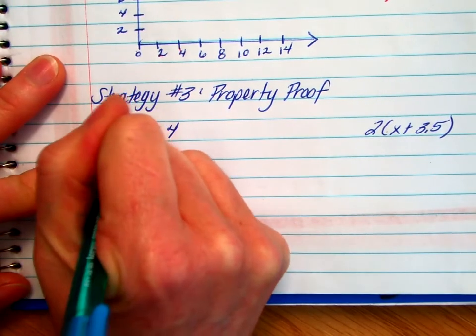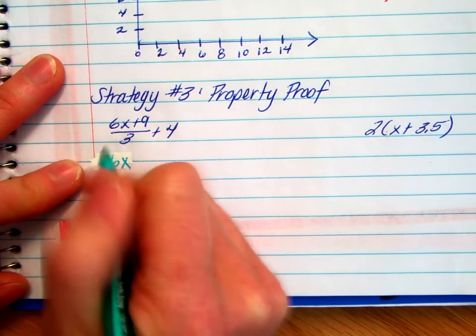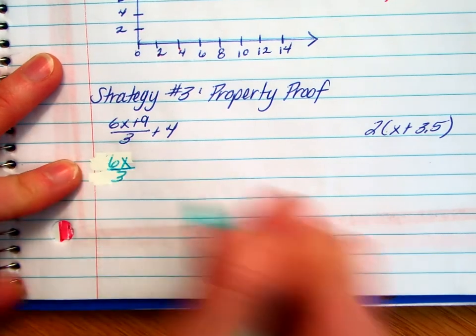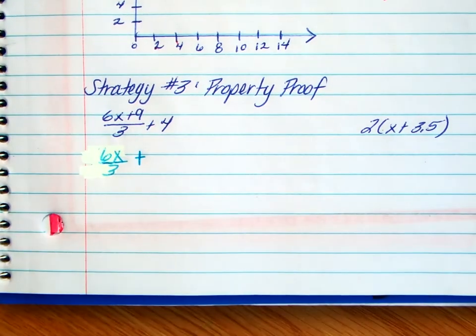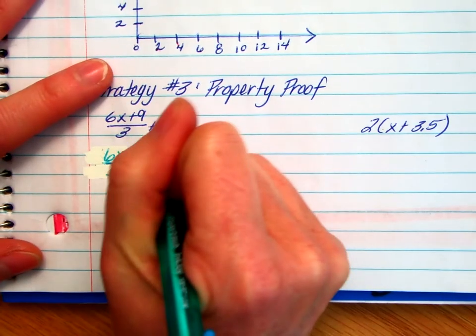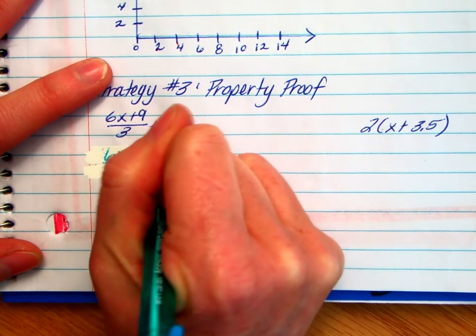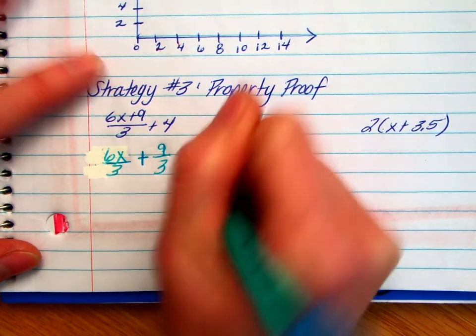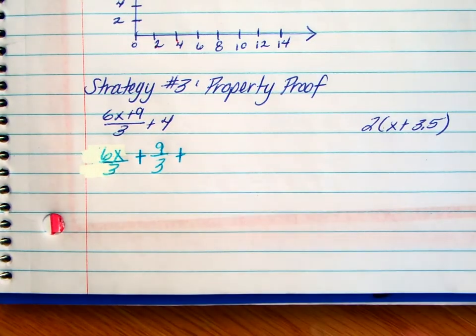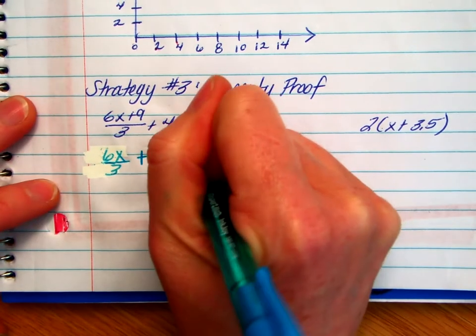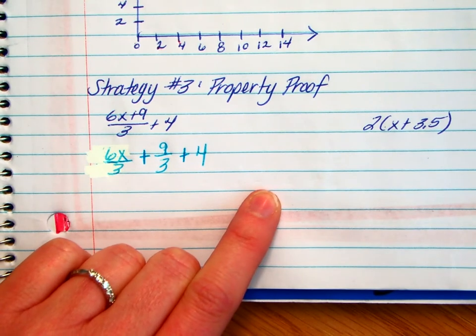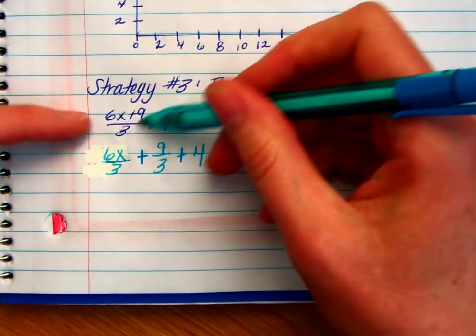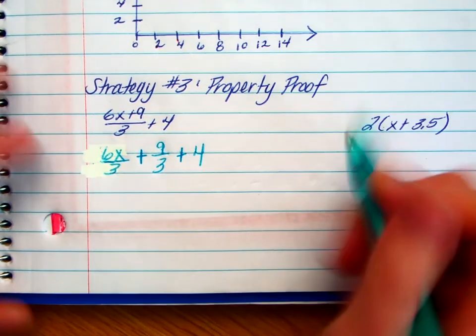Now that's starting to feel like real life with us in the classroom. 6x over 3, rather. That's what I meant to do. Plus, what's the other part? 9 over 3. Plus, you cannot leave out the 4. It doesn't just disappear. So the property I used for this line was the distributive property. That's what's happening from here to here.